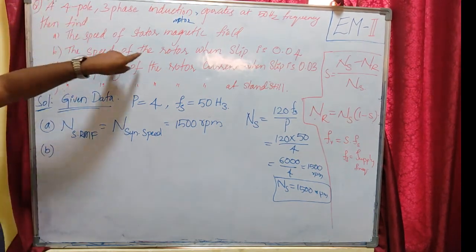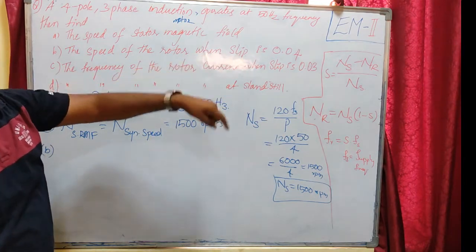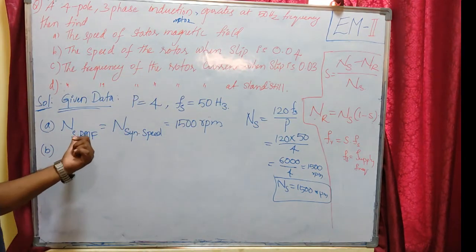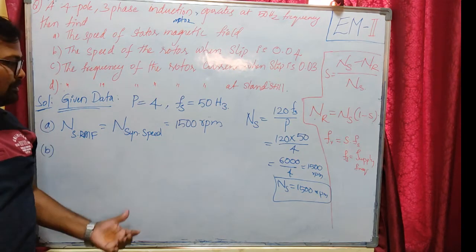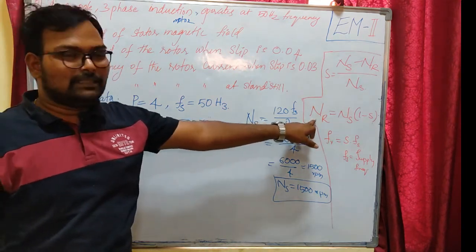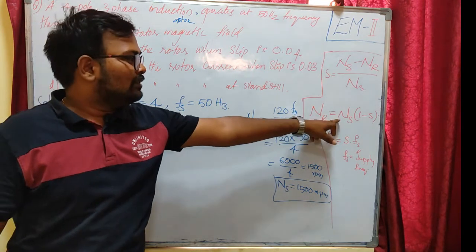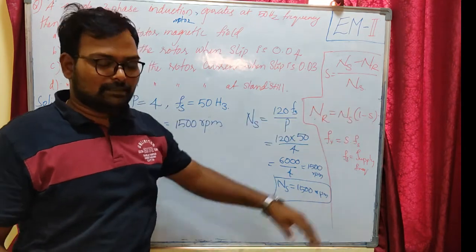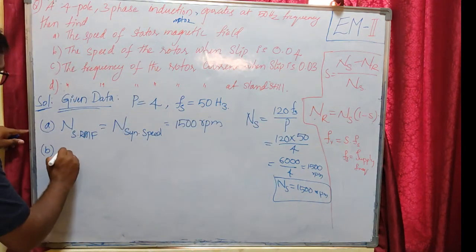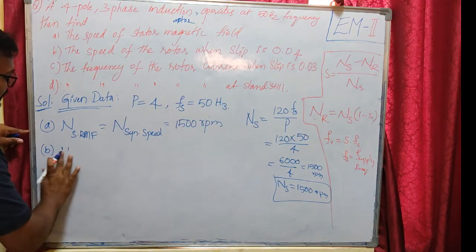The speed of the rotor when slip is 0.04. What is the relation between the speed of the rotor, synchronous speed and slip? So here you can see, the speed of the rotor is equal to the synchronous speed times 1 minus s, Ns into (1 minus s). What is the given data here?